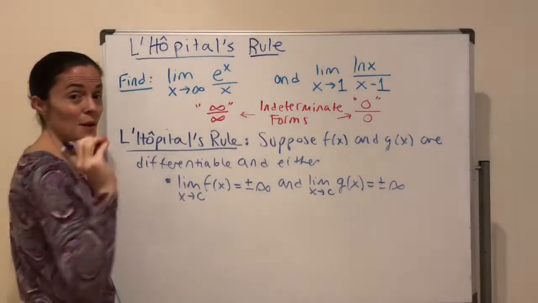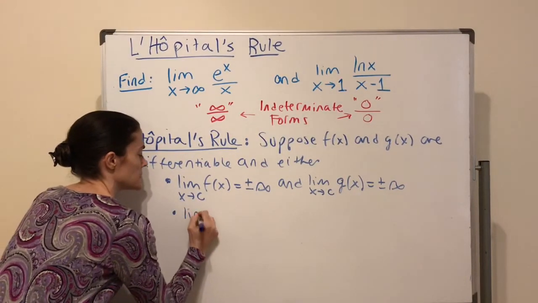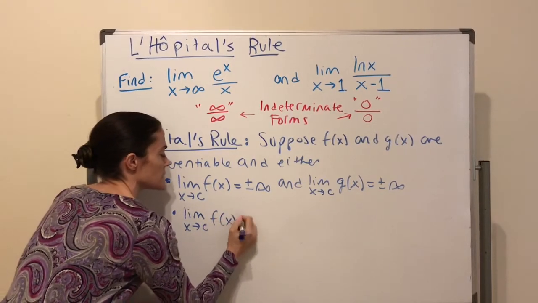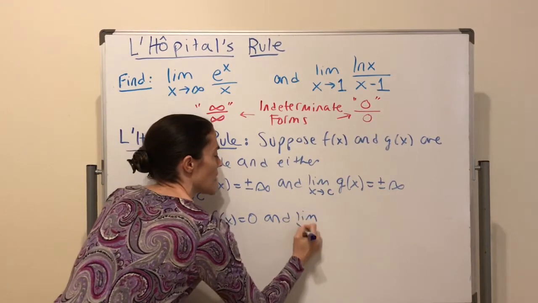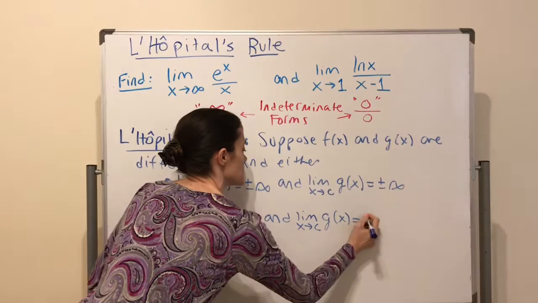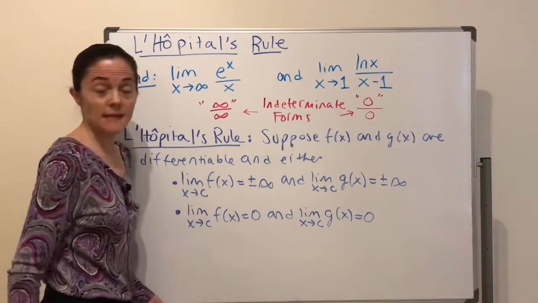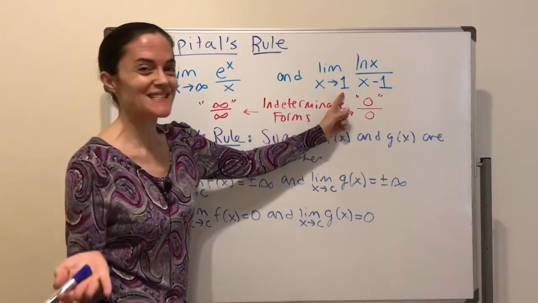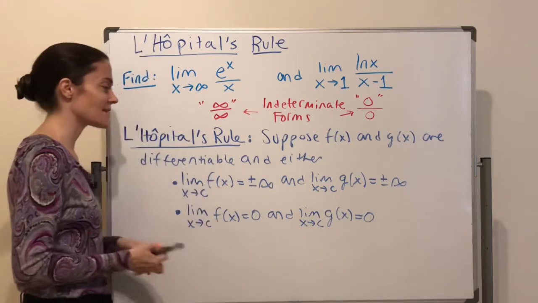This is one possibility. And the second one is that the limit as x approaches c of f of x is 0, and the limit as x approaches c of g of x is 0. In both of these, c might be a finite number, like here, c is 1. C could also be infinity, okay, just as a comment.